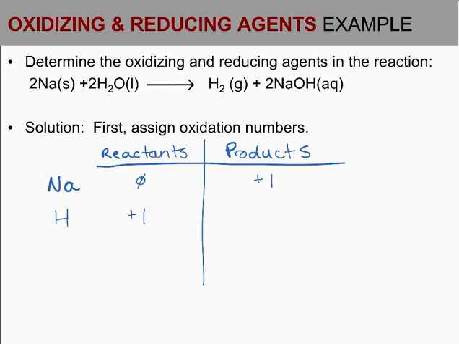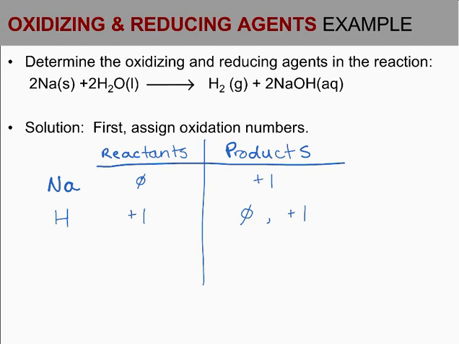In the first molecule, we just have pure hydrogen gas, H2, so we would assign a value of 0. But in the other product, sodium hydroxide, hydrogen is in a compound, so we would give it a value of +1.